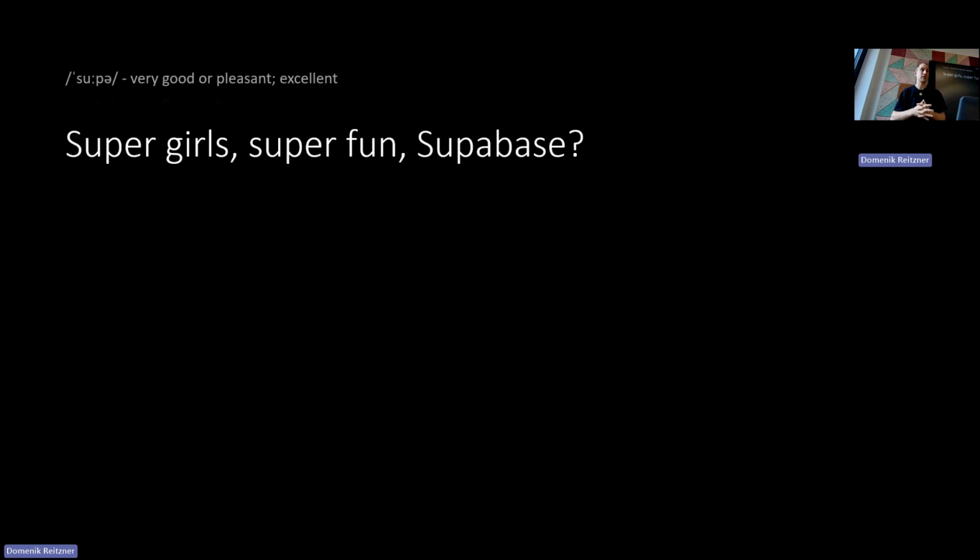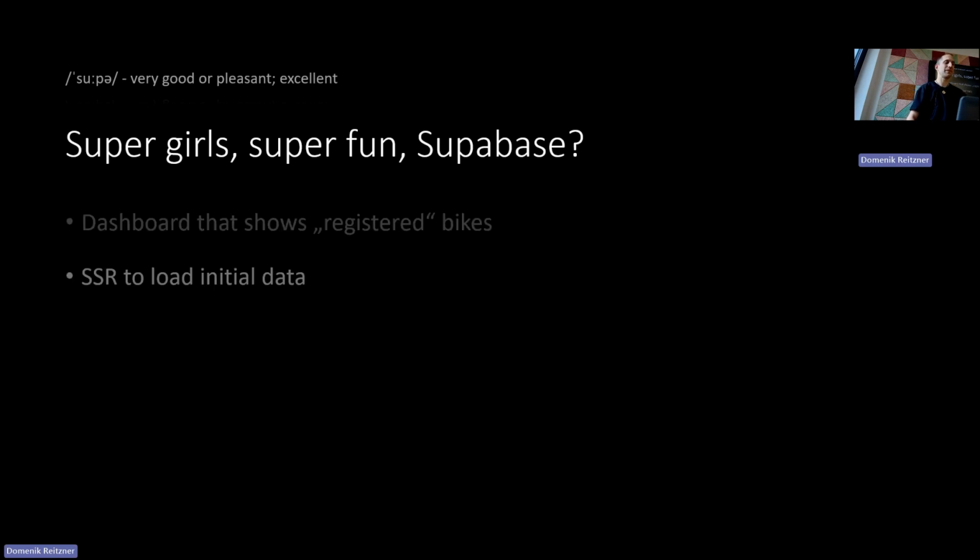Because what we wanted to do is have a dashboard that shows the registered bike with the app that we built. So Supabase, super easy to set up. I'll say super a few more times. SSR is super for initial loading speeds for server-side render, and that's possible with Supabase and SvelteKit.